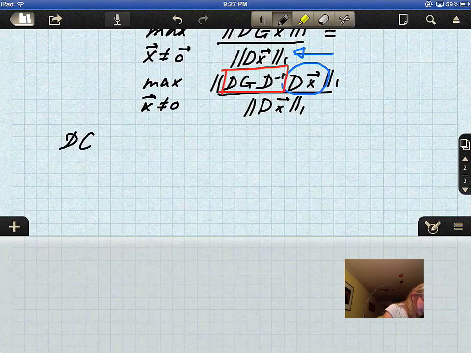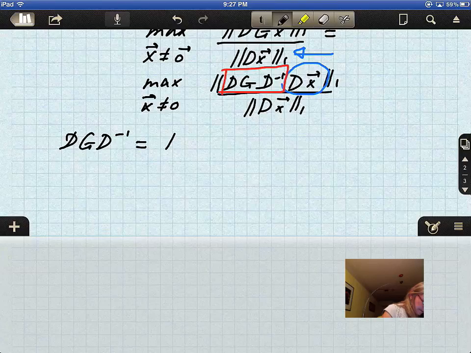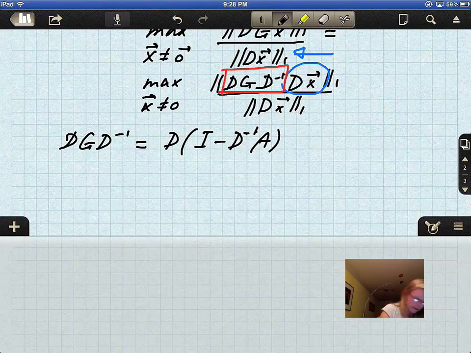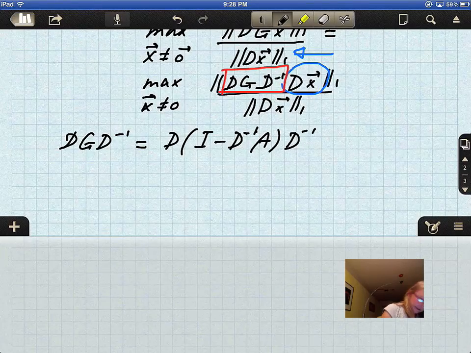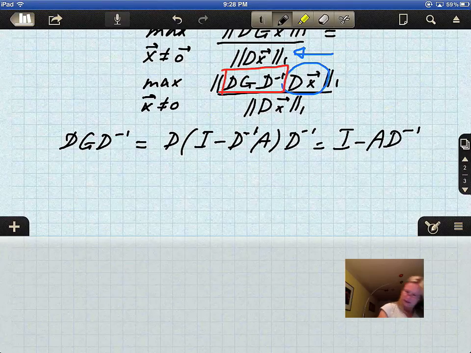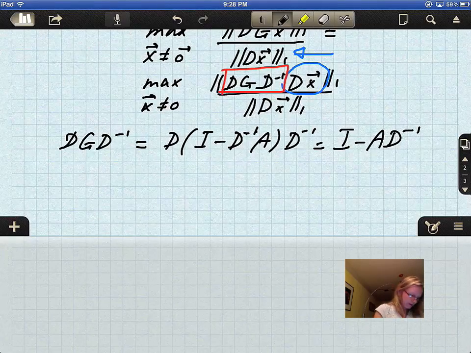Okay, so with D G D inverse, that would be equal to D times G times D inverse. Now G was the identity minus the inverse of A, and this goes to the inverse here. So if you look at this, this would actually be I minus D A inverse D inverse, like this. Okay, so we use this and we plug that into that norm.